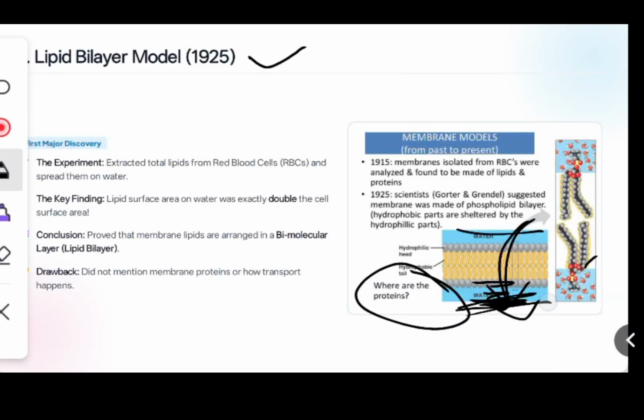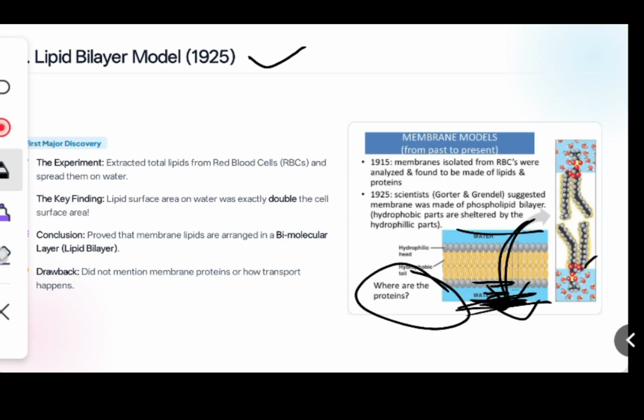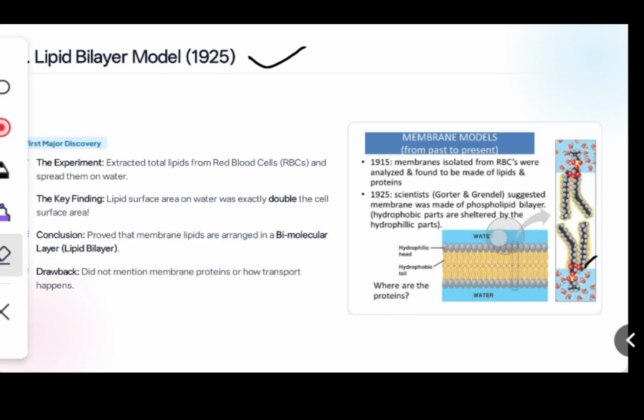I will explain clearly. Lipid soluble molecules will go through the phospholipid bilayer. Suppose this is a lipid soluble molecule.